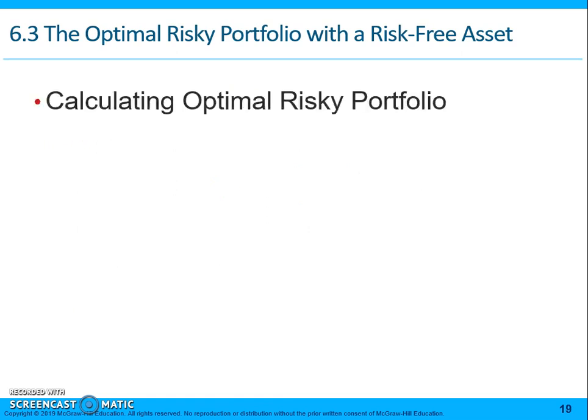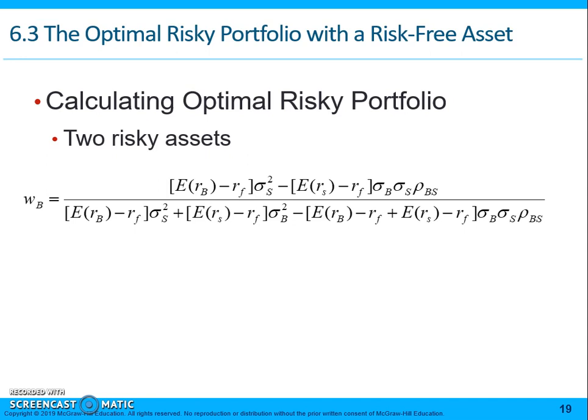We calculate the optimal risky portfolio for two risky assets by using this formula. We take the weight in bonds, and to calculate the weight in bonds, it's the expected return on bonds minus the risk-free rate, multiplied by the variance for stocks, minus the expected return on stocks minus the risk-free rate.